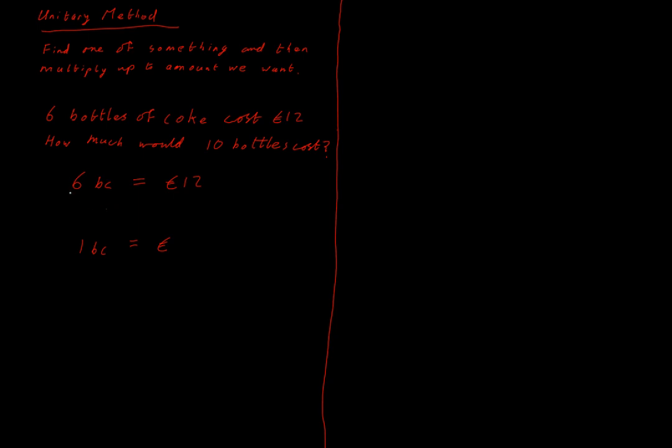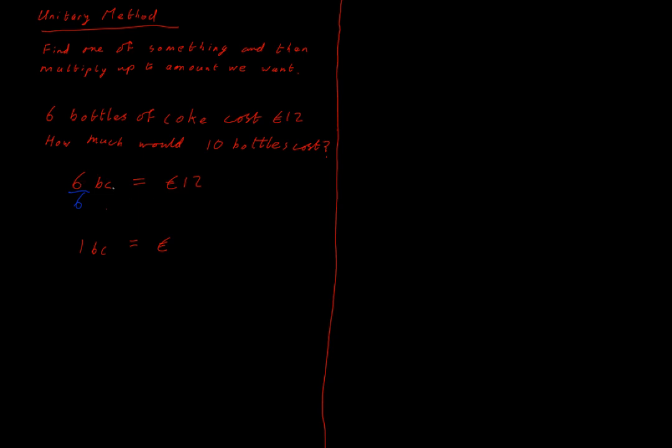If I have 6 bottles of Coke and I divide 6 by 6, I end up with 1 bottle of Coke. 6 goes into 6 once. This is the key thing for so much of what we're going to do in this chapter in financial maths. 6 divided by 6 is 1. We're all happy with that.